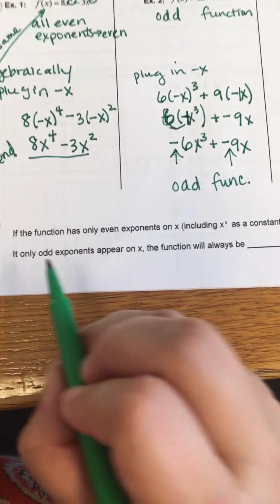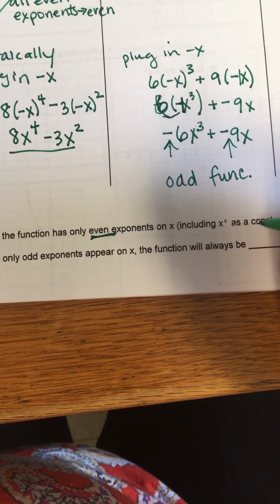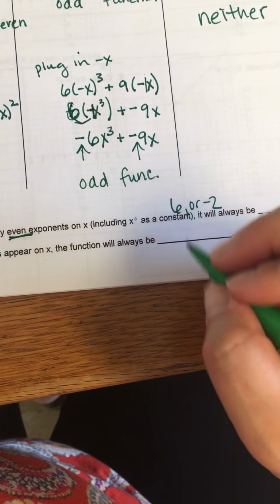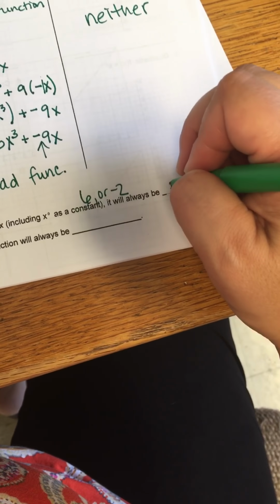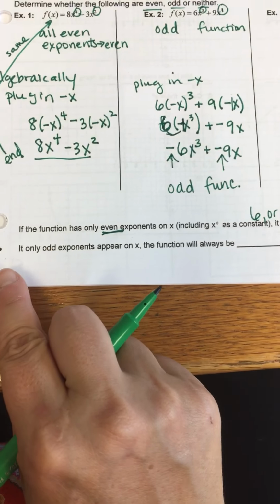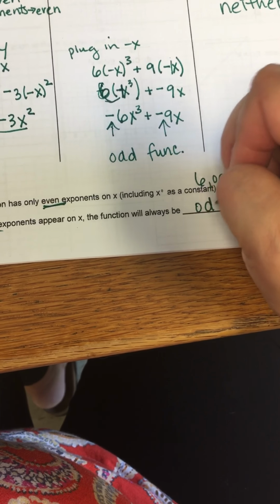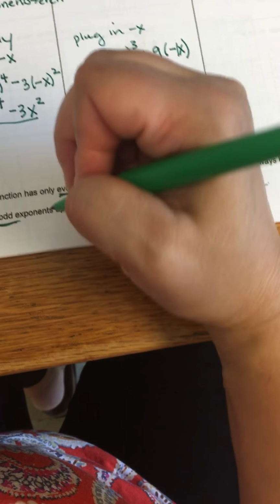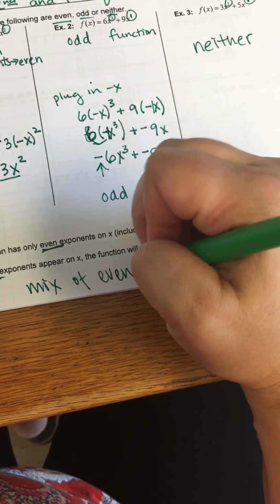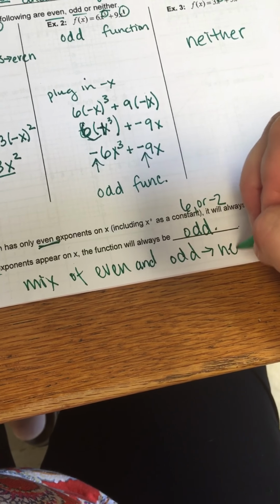So down here, abbreviated: if a function has only even exponents on the x, including x to the 0 as a constant, so even constants like 6 or negative 2 at the end, it will always be even. If it only has odd exponents on the x's, the function will be odd. And if it's a mix of even and odd, then it's going to be neither.